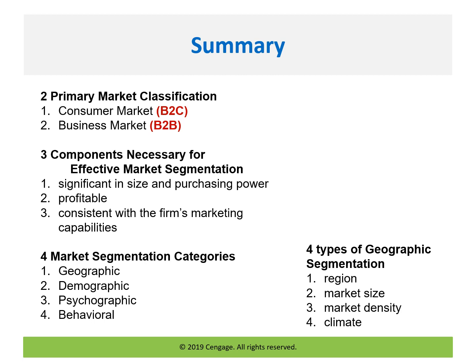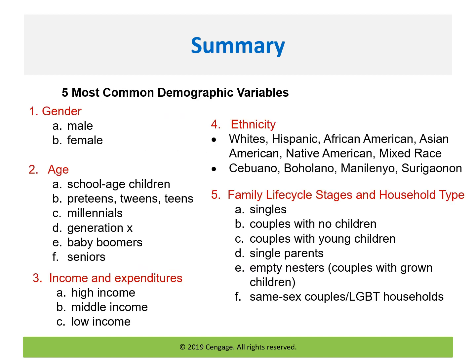The four market segmentation categories are geographic, demographic, psychographic, and behavioral. And the four types of geographic segmentation are according to region, market size, market density, and climate.